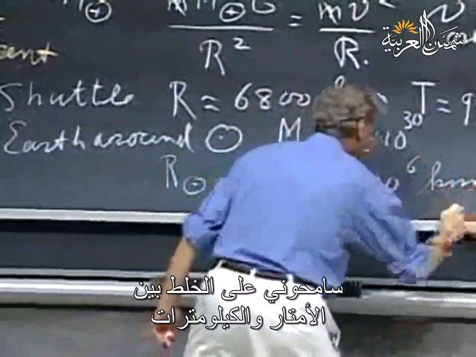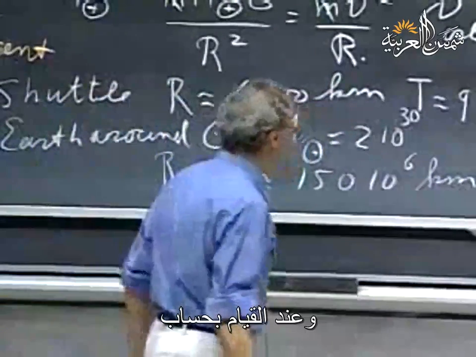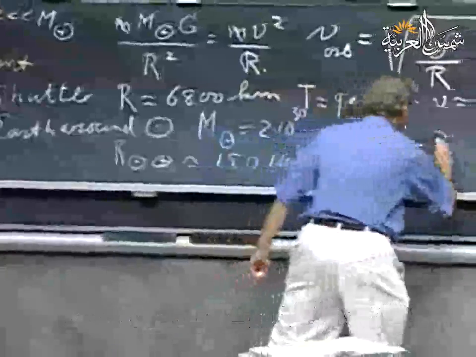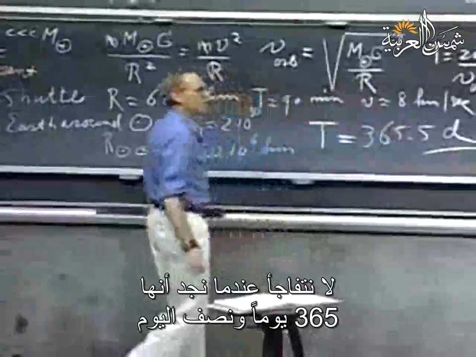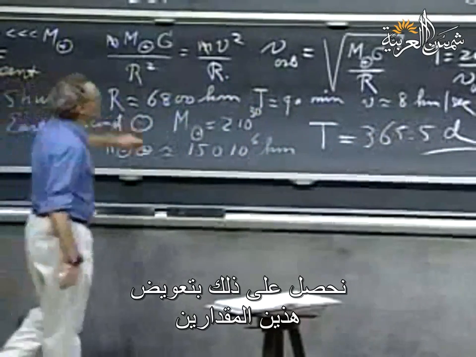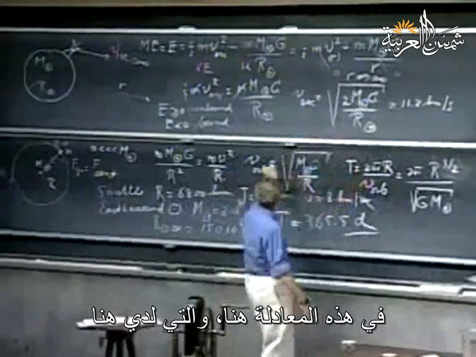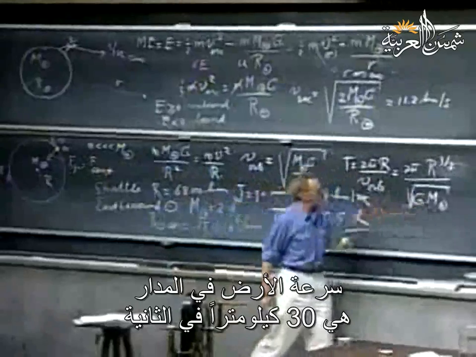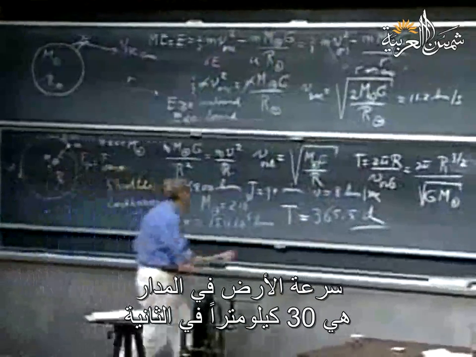Forgive me for mixing up meters with kilometers, but you have to convert that, of course, to meters. And when you calculate how long it takes the Earth to go around the Sun, no surprise, you'll find 365.5 days. So it's simply substitution of these two quantities in the equations that I have here. The velocity of the Earth in orbit is about 30 kilometers per second.